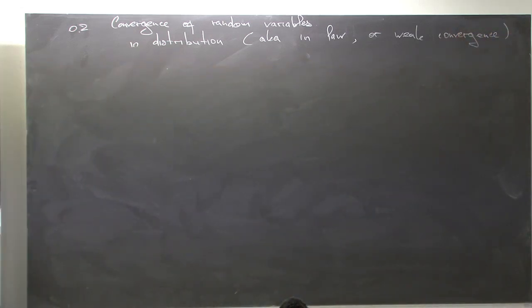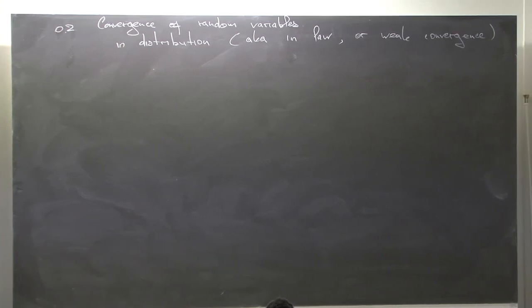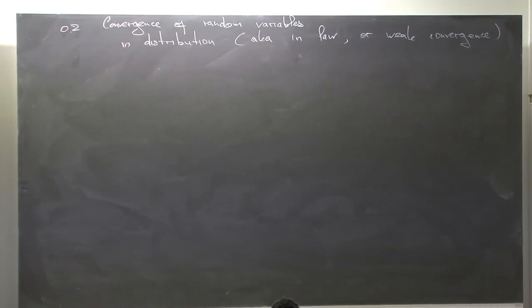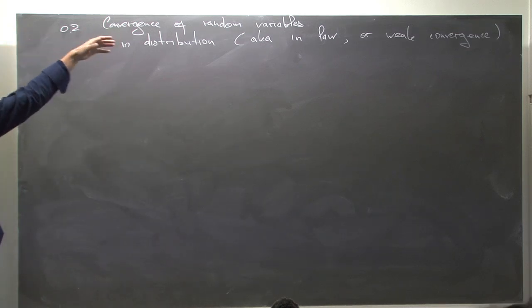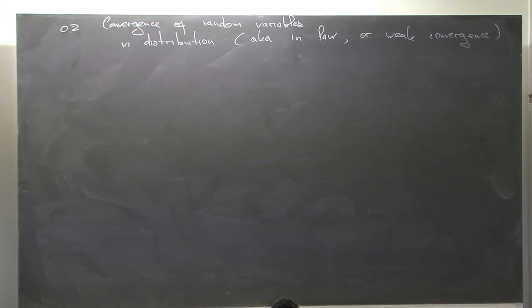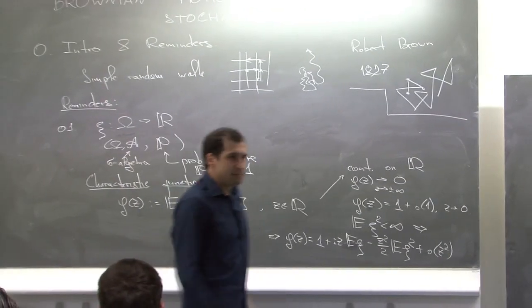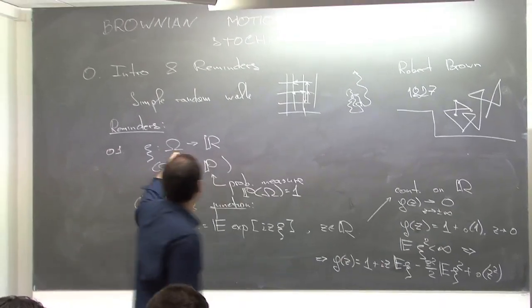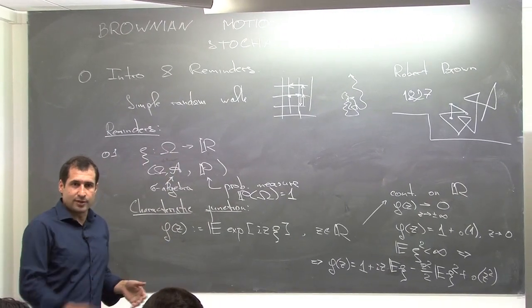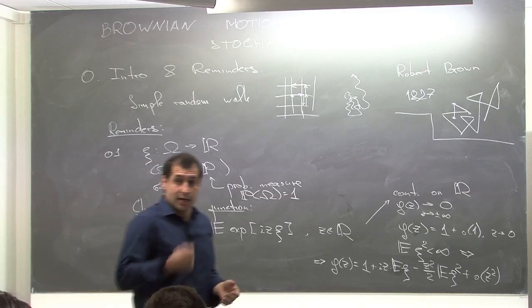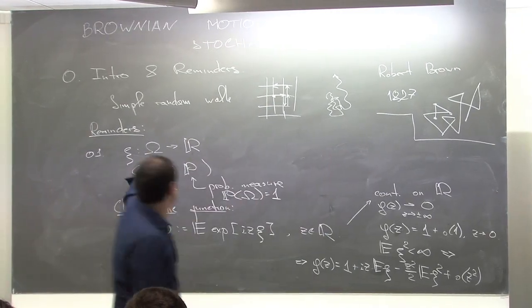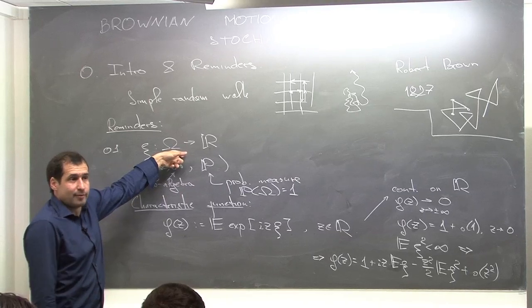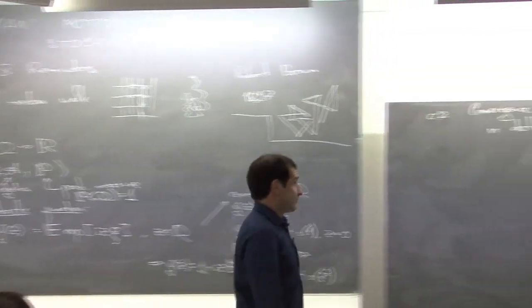Actually, this is the only reasonable notion when you do not assume that all the random variables you deal with are defined on the same probability space. If you have a sequence of variables defined on the same probability space, on the same omega, then you can invent meaningful definitions, like what happens pointwise, what happens uniformly, etc. But if you are just given a sequence of random variables, each of them being defined on its own probability space, then basically this is the only reasonable notion.